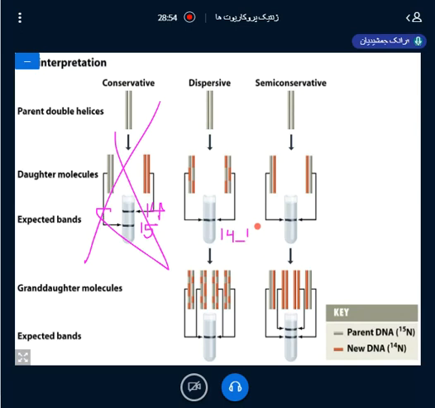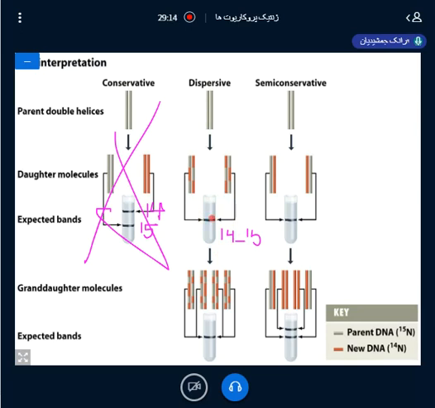Did we see one band in the first? Yes. So it doesn't deny dispersive in the first replication.